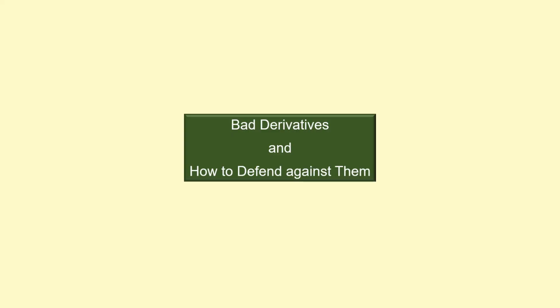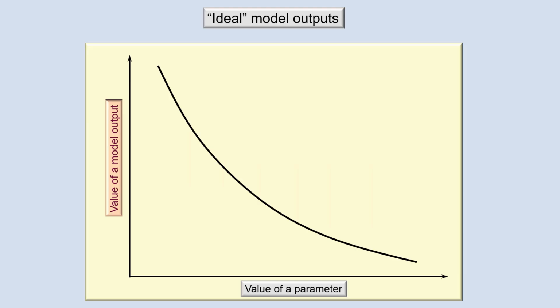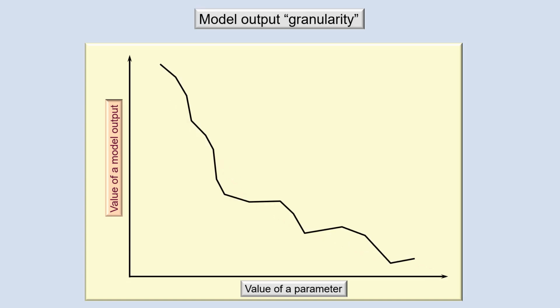In the previous section I mentioned model output granularity. Let's look a little more at this issue. Ideally, if I were to plot any output from the model that I'm using in the inversion process against the value of the parameter, I'd like a curve like this, smooth and differentiable. Often, however, the curve is more like this.